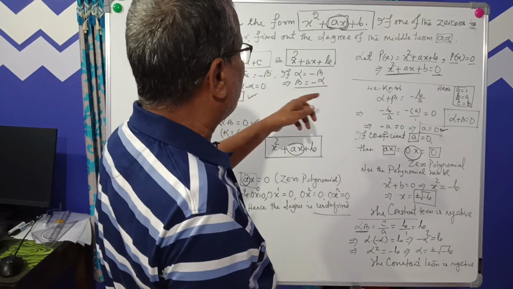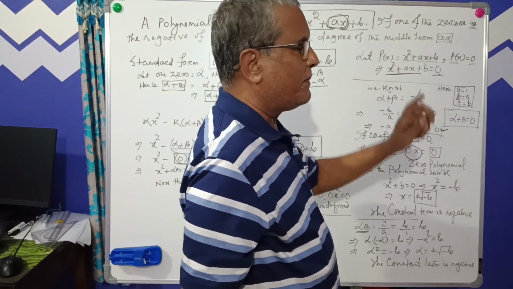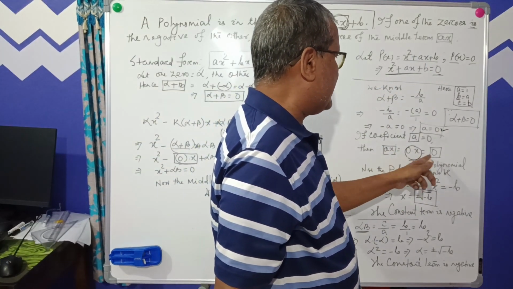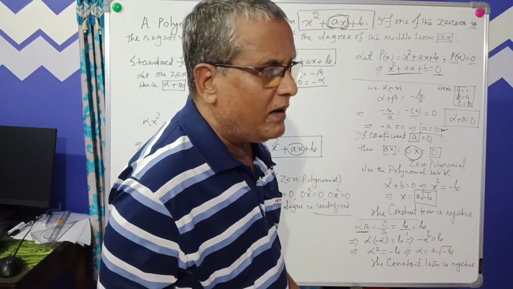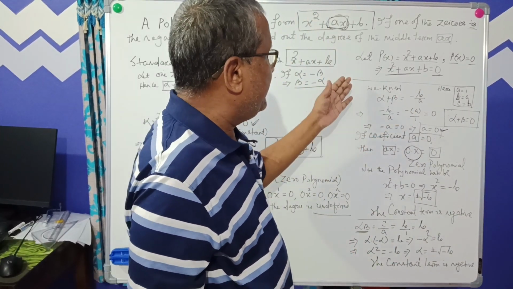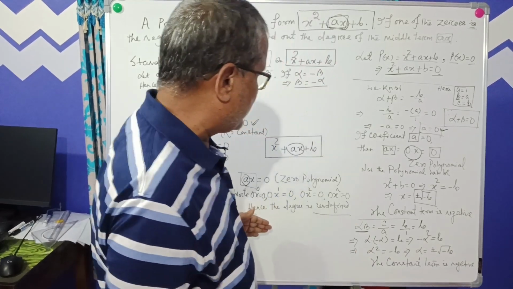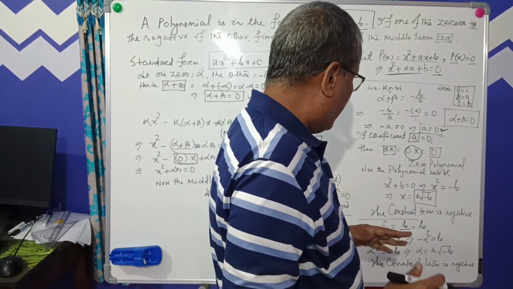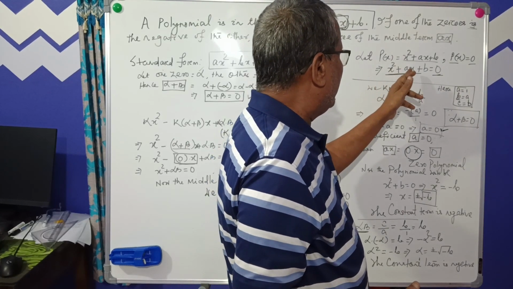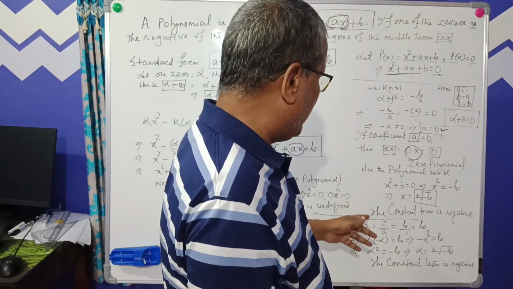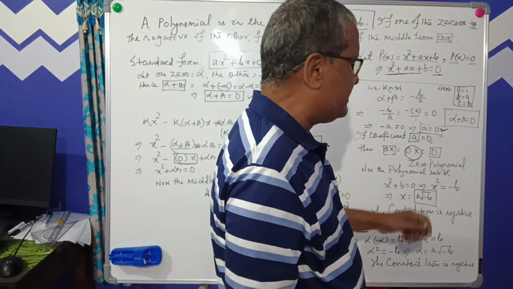So here a is equal to 0 means the coefficient of the middle term x is 0. Now ax is equal to 0 into x, which is 0. Now it is a zero polynomial. So the middle term is a zero polynomial and its degree or exponent is undefined, that we discussed here. Now when it becomes a zero polynomial, the polynomial is x square plus b is equal to 0.